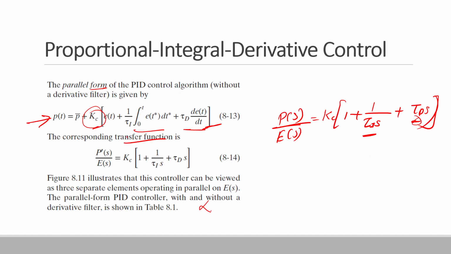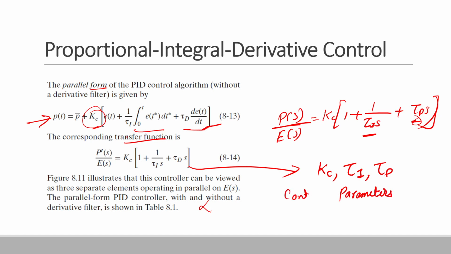And then in industry, the most commonly used controller is this PID controller, whereby we use each of those control actions, that is proportional, integral, and derivative. Then we studied that there are these parameters Kc, tau I, tau D. We can call them controller parameters that we need to tune such that the system is stable.